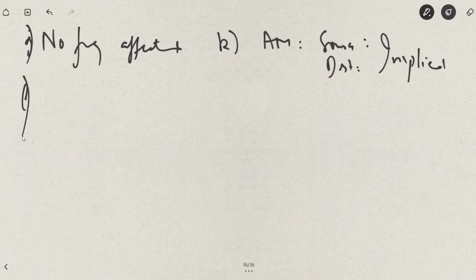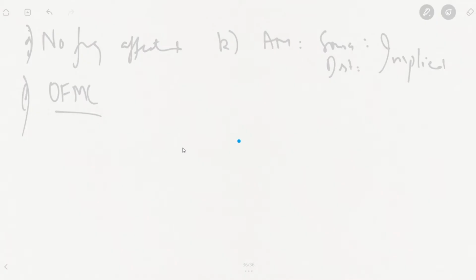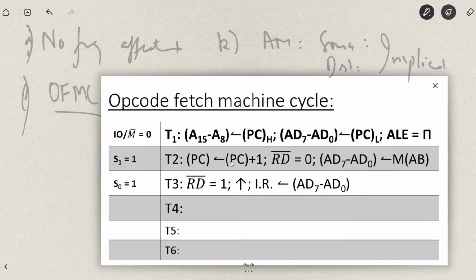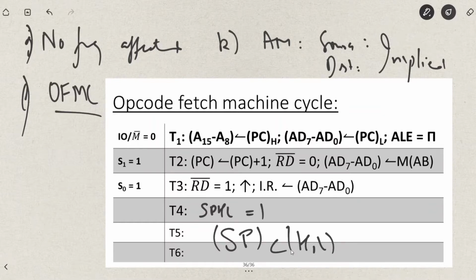Finally, the micro RTL. It consists of only the opcode fetch machine cycle, and the opcode fetch machine cycle here will be of 6 states. So this is your 6 state opcode fetch machine cycle. In the T4 state, SPHL will become equal to 1. In T5, T6 states, whatever was in the HL register pair will be transferred to SP, the stack pointer.